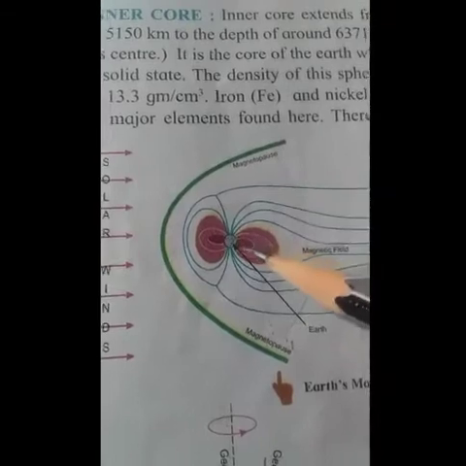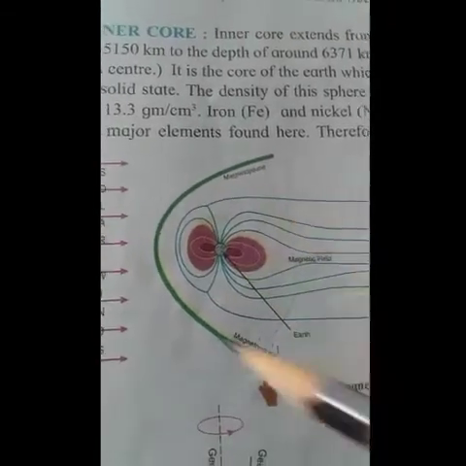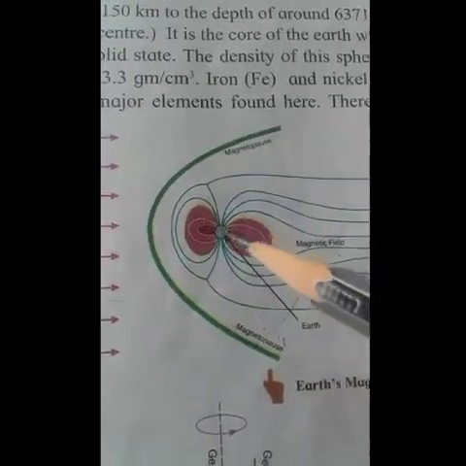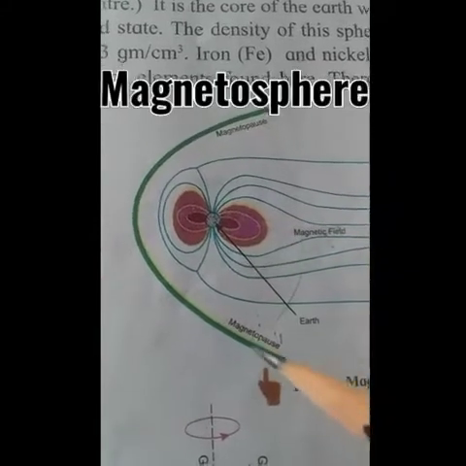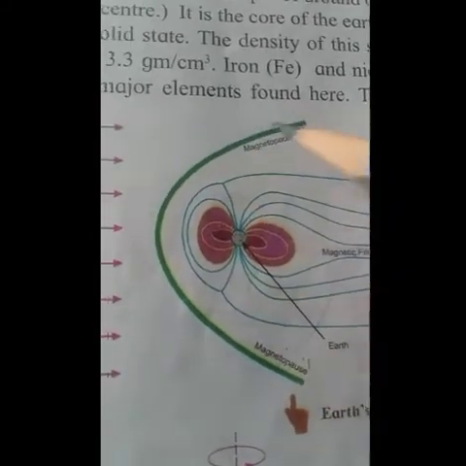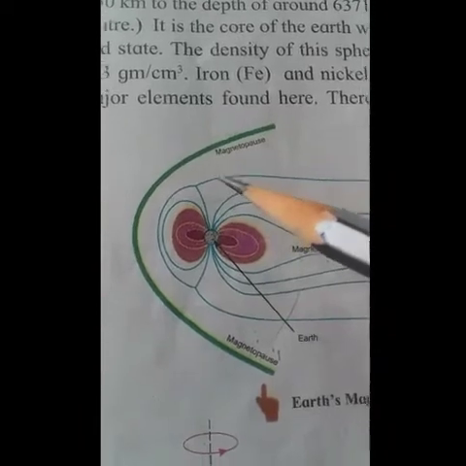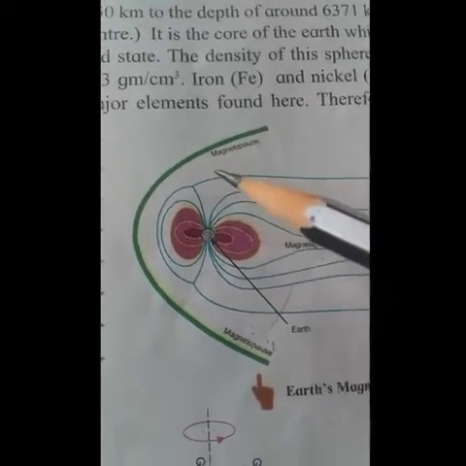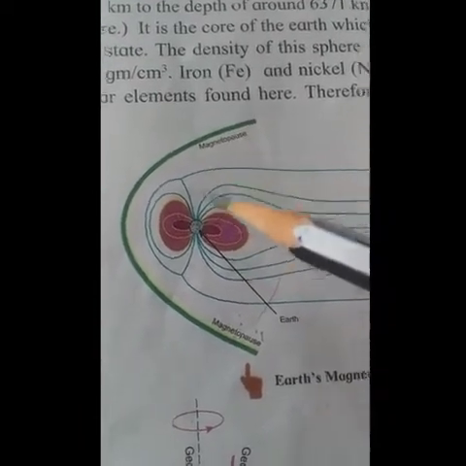The magnetic field thus developed around the Earth is called the magnetosphere. This is the fifth and important sphere of the Earth.